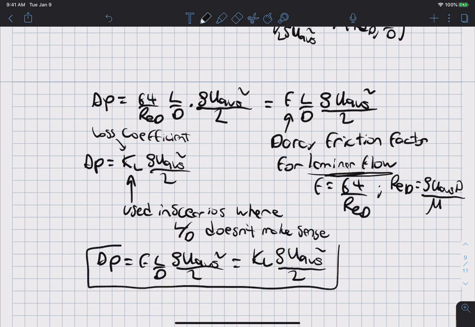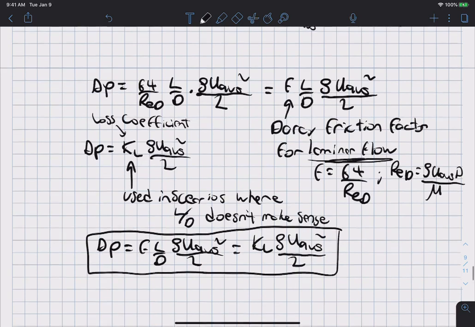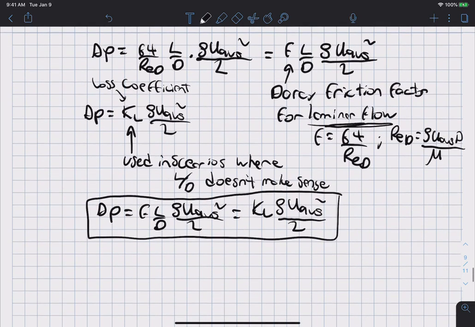Essentially how you find pressure drop in a turbulent flow, and I'm going to discuss that more in the next lecture, is you still analyze it using these formulas, except the Darcy friction factor is a different function.